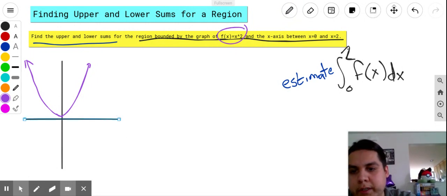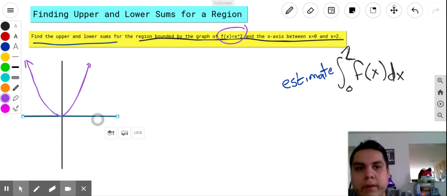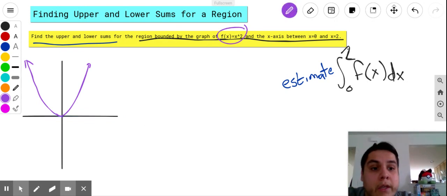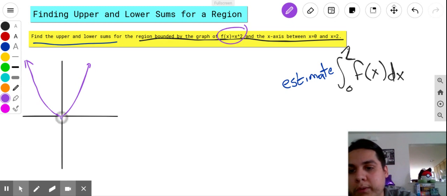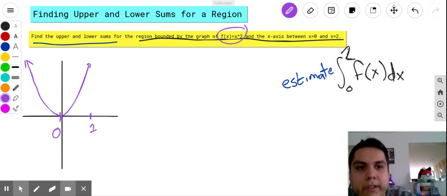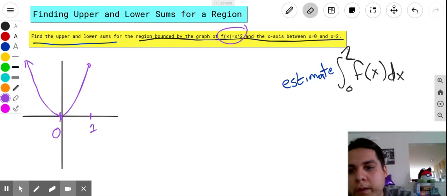But I don't, so I'm just going to compensate. There we go. Cool. So that's what I have. Specifically, I'm trying to find it between x equals 0 and let's say this is x equals 2.